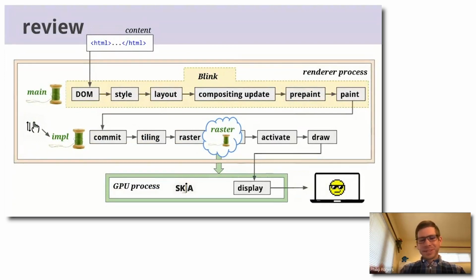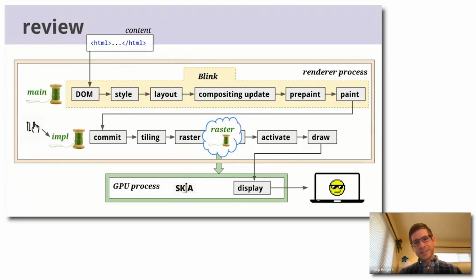Let me walk through this just one more time. We took the HTML content, we built the DOM tree, we styled that DOM tree, we computed the visual geometry of the DOM tree, we stored it in a layout tree. We then made layers from this, as well as property trees, and we painted this all, which is just making a linear list out of the tree.